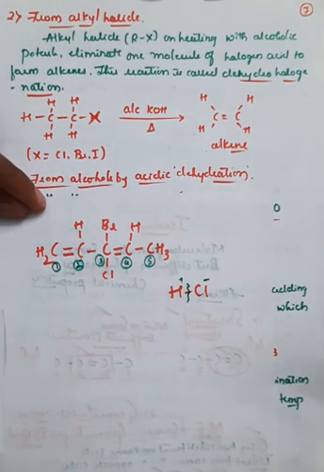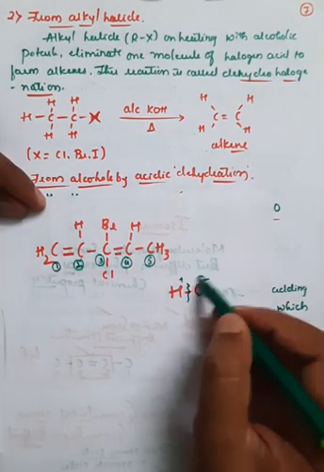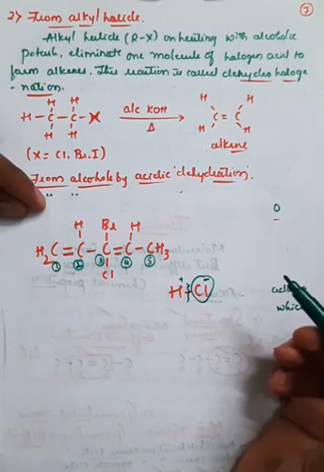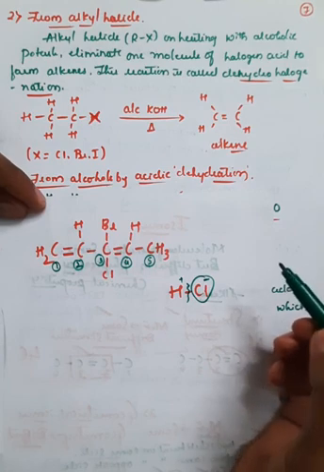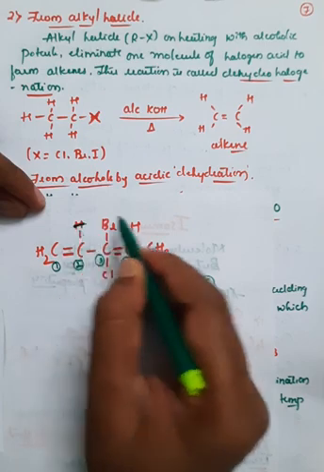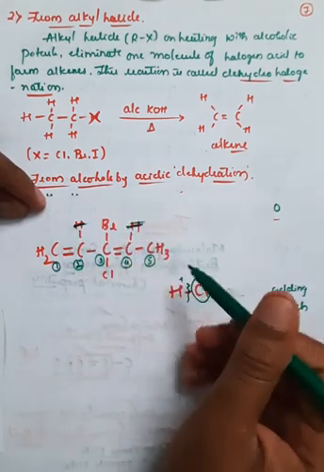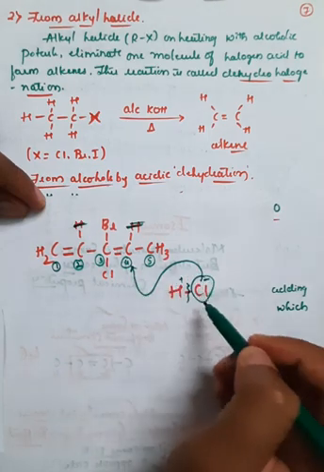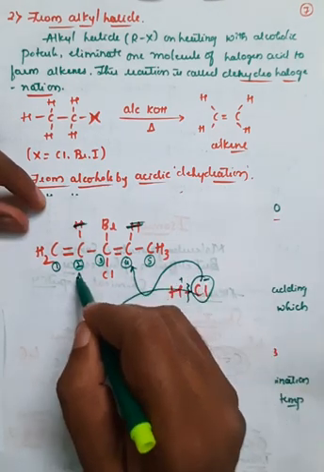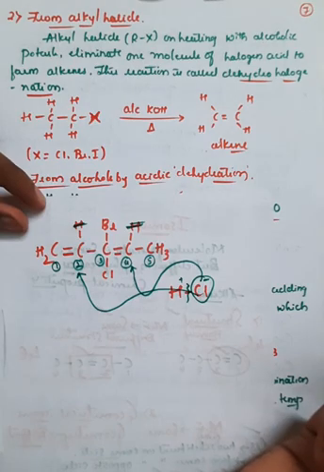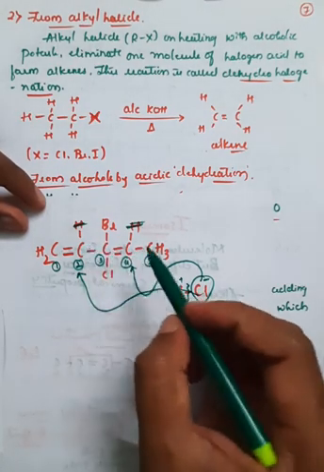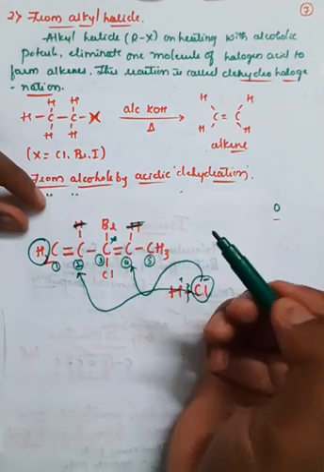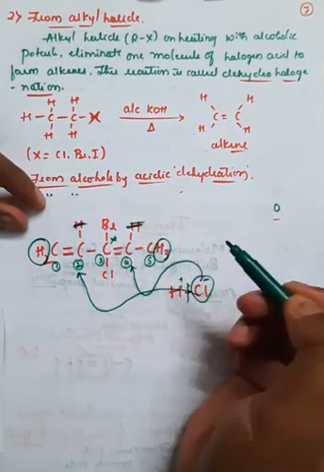Here in this case, the chlorine can attach to the carbon atom which has the lowest number of hydrogen atoms. So this chloride might attach to the 4th carbon atom, and this chloride might attach to the 2nd carbon atom, right? Because in this there are 2 hydrogen atoms, in this there is no hydrogen atom, and in this there are 3 hydrogen atoms.